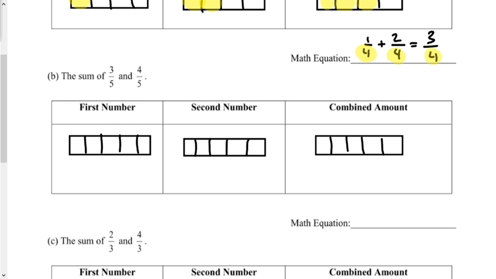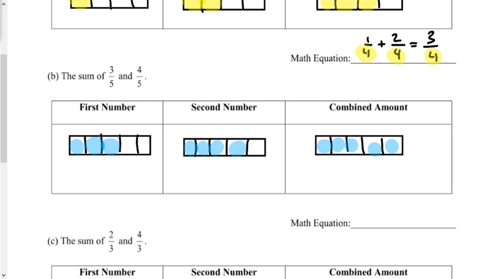There we go. So 3/5, I've got 1, 2, 3/5, and I'm going to add to that 4/5. 1, 2, 3, 4/5. And if I try to do all that over here, look, I've got 1, 2, 3, so there's my 1, 2, 3, and I've got to put 4 more in, right? So if I put 1, 2, that's only 2 out of them.